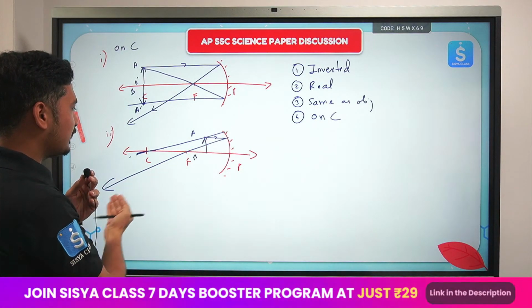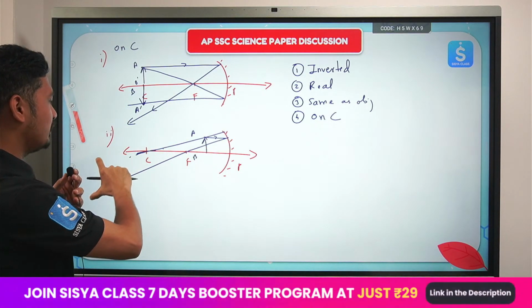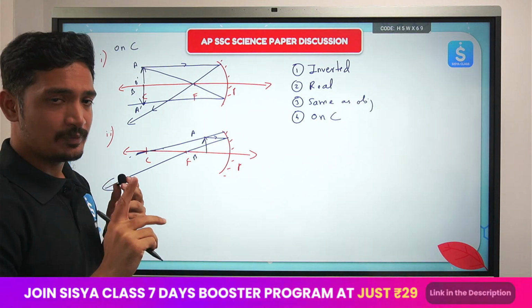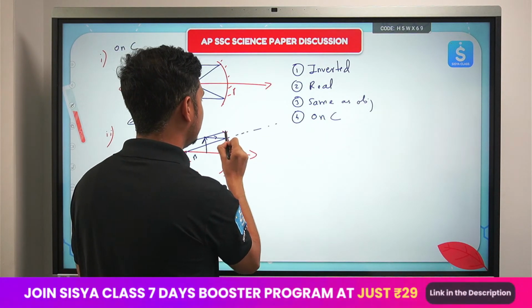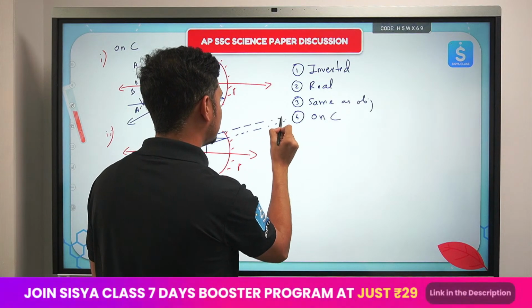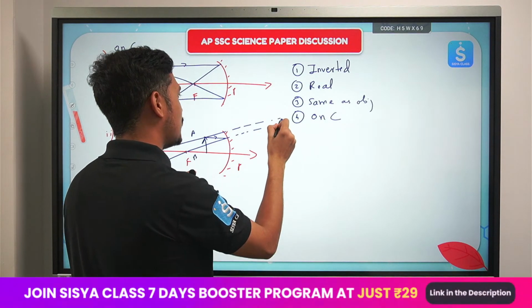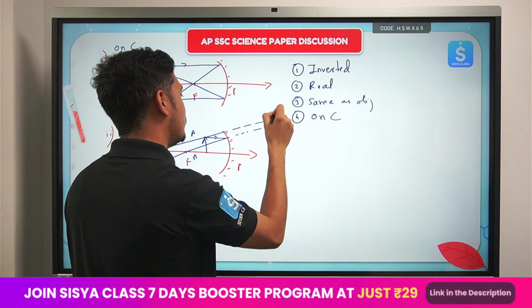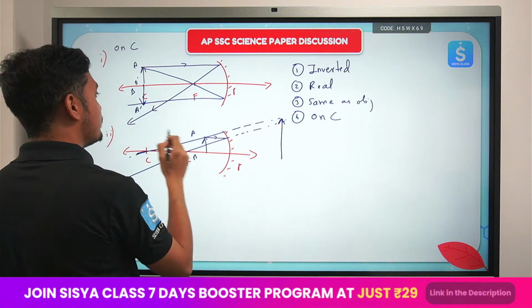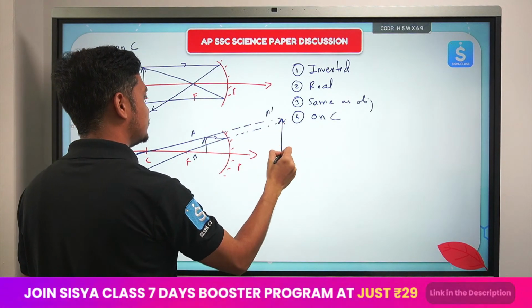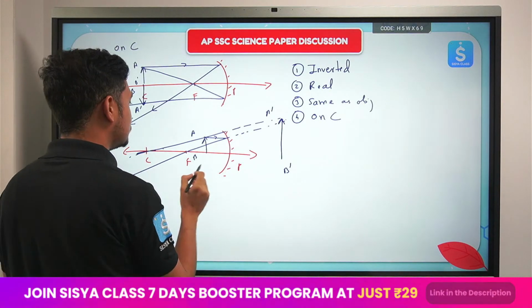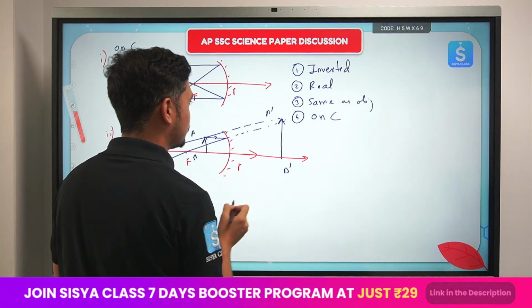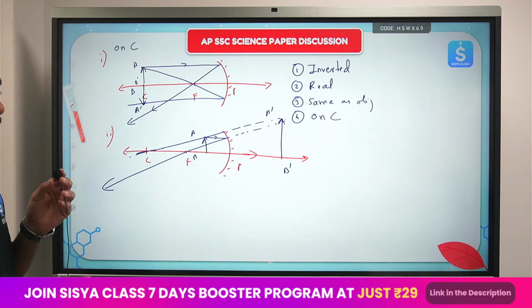If I extend on this side, the distance between these two lines will keep on increasing. However, we can extend on this side and see where the intersection happens. Let's say the intersection happened over here, so we can form an image over here like this, saying that this is A' and this is B'. Then you can also extend the principal axis this way. So this is the diagram for the second question.